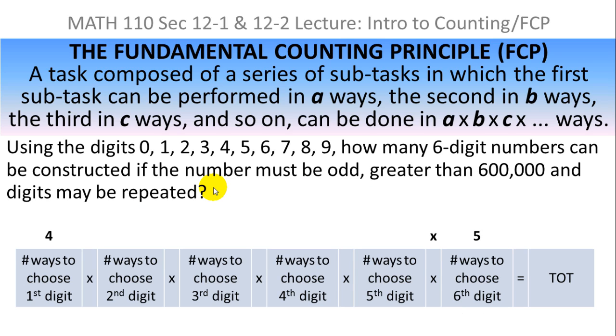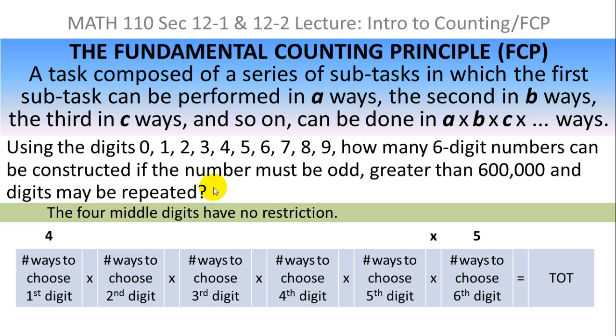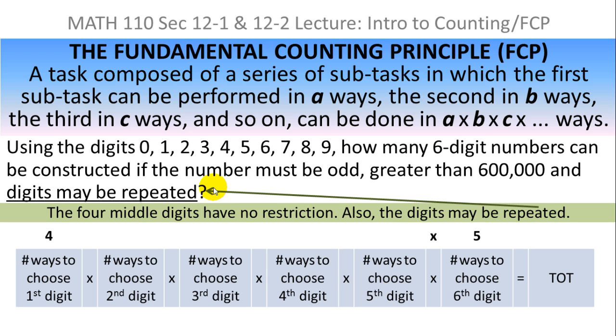In the middle, the digits may be repeated, so no matter what I've chosen for the first and the last, I can reuse anything in the middle because they can be repeated. And there's nothing in the problem that says anything about the middle digits. So I can choose any of the 10 digits for the 4 middle digits.